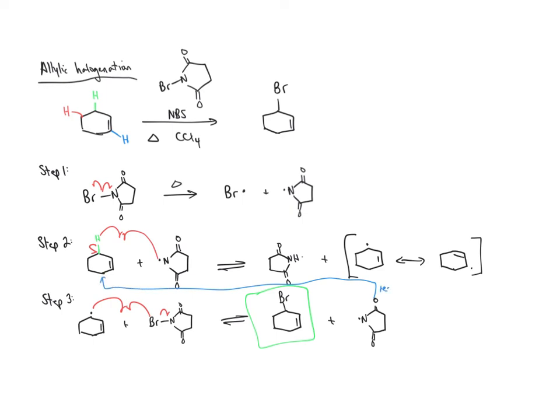It can recycle and repeat this over and over and over again until you have consumed all of your NBS and all of your cyclohexene, and then you have step 4 where you get a termination step, dimerization. So let's say we take 2 of these molecules, they come together to generate a dimer.